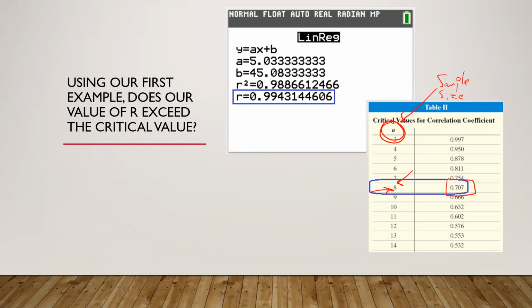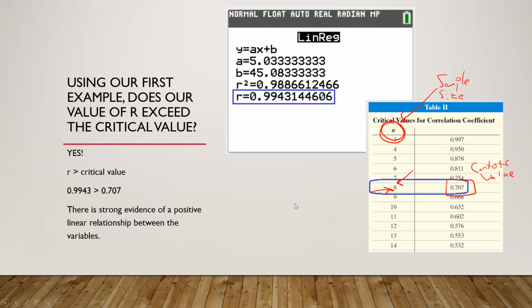This is the cutoff value. This critical value, think of it as a cutoff value, kind of like the outlier cutoff value. As long as your value of R is greater than this number here, you can say, yes, there's a linear relationship here, okay? All right. So since our value of R is greater than that 0.707, there's definitely a linear relationship between the variables.